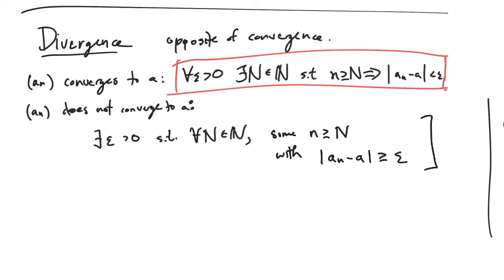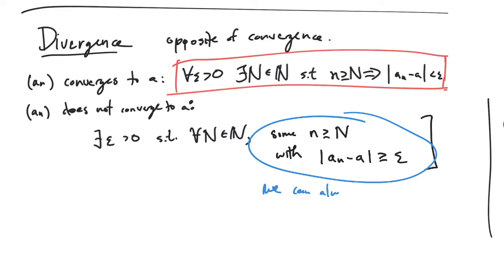The way to think about this is, I have maybe a slightly easier time thinking about what that means topologically speaking. It means that we can always find terms that are far away from a.